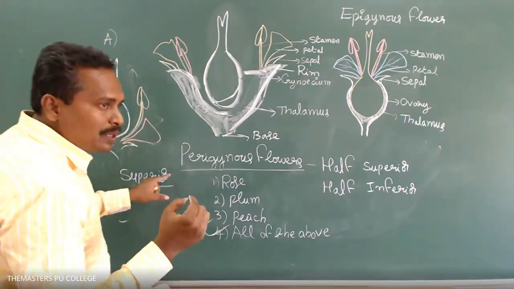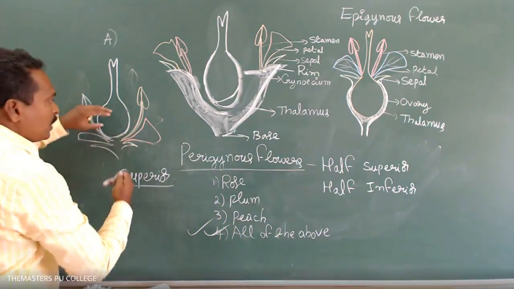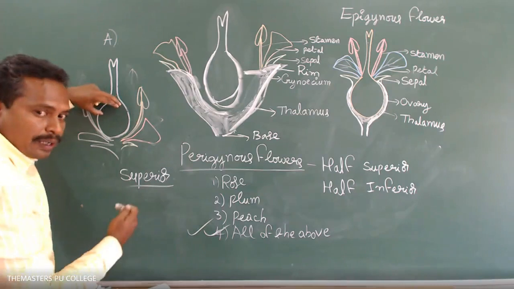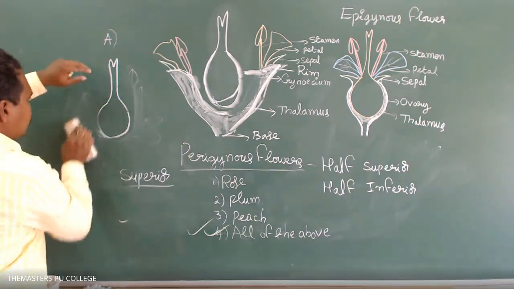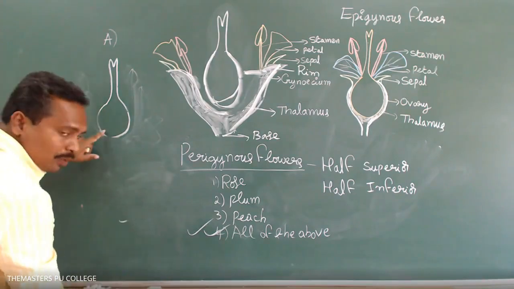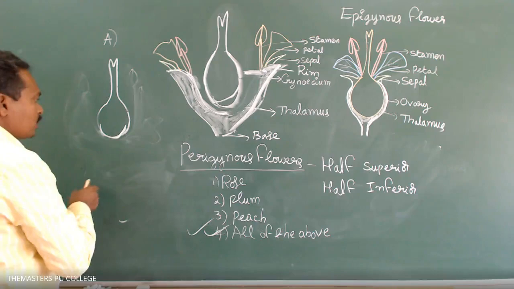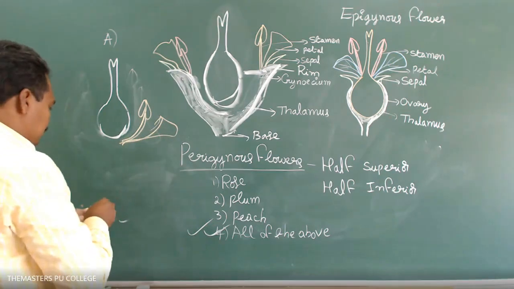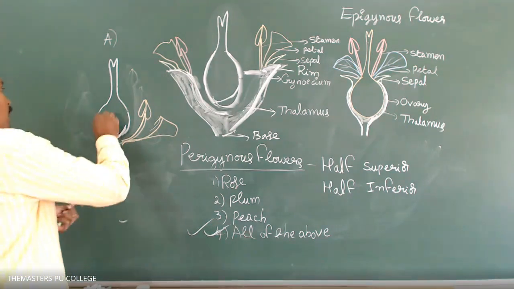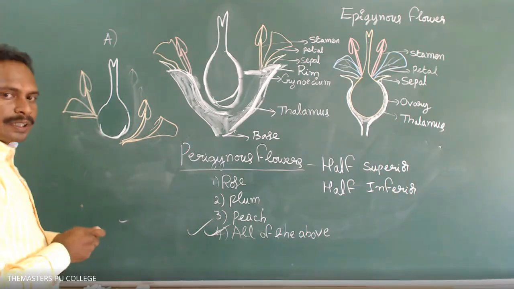Superior and inferior are based on the position of the ovary. If the ovary occupies the upper position, the highest position, and the stamens and petals are arranged from below the ovary, then the ovary is called superior. If they are arranged from the middle of the ovary, then it is half superior, half inferior.